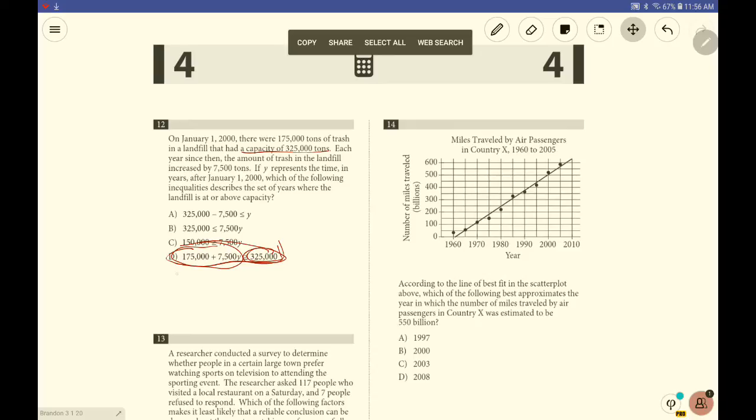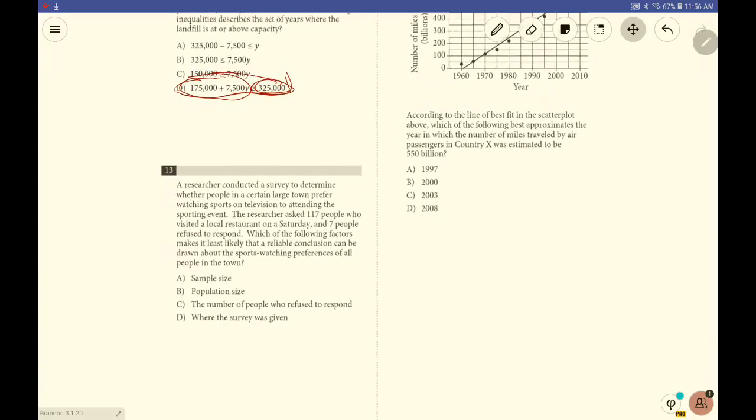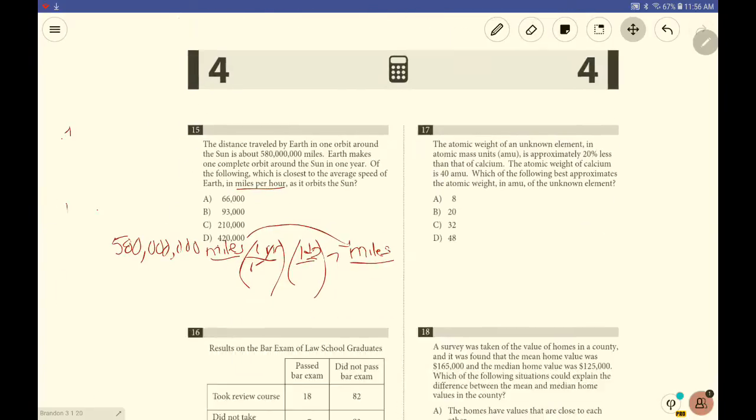And that looks like D. On the left is an expression for how much trash there is, which is the initial amount of trash, 175,000, plus every year there's 7,500 tons more. So there you go, that's D. We put that together very nicely.